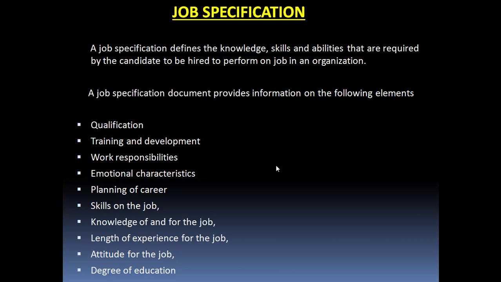Right, like to perform a particular job, what are the qualifications needed, what training and development an employee should have, what are the work responsibilities of the particular job that one has to do, the emotional characteristics of the person which are required to perform a particular job, the career plan, the skills, knowledge of the job, length of experience of the candidate, the attitude which is required by the candidate to do the job, and the degree of education which the candidate should have to perform the job. So everything which is related to the candidate, that is, the details, the knowledge, the skills which a person should have to perform the job is called job specification.